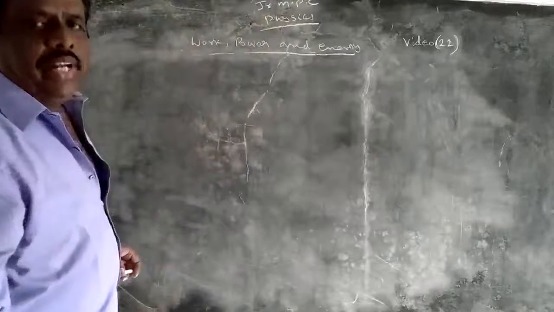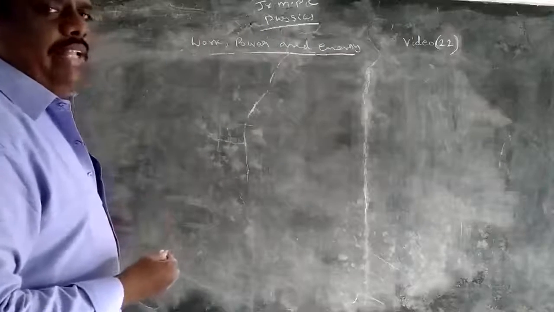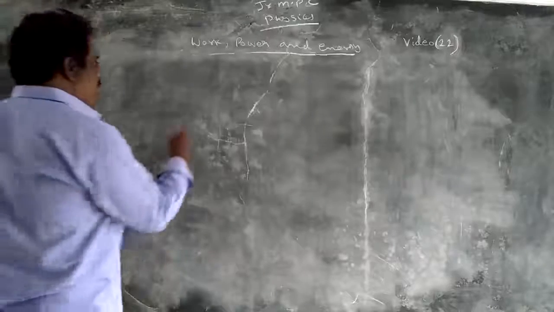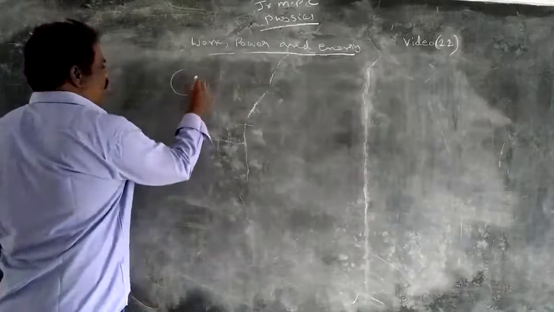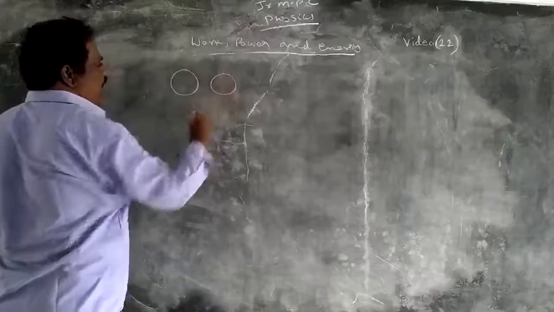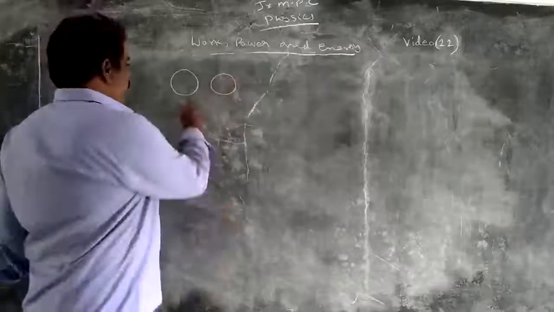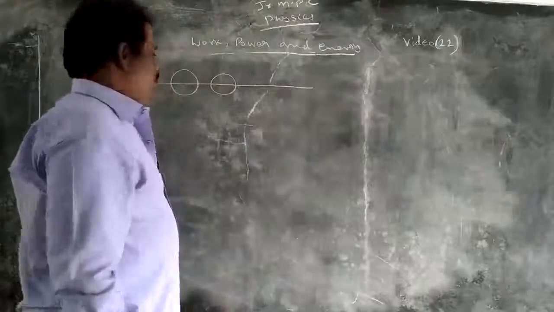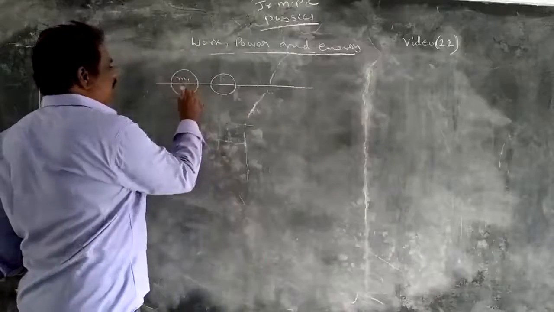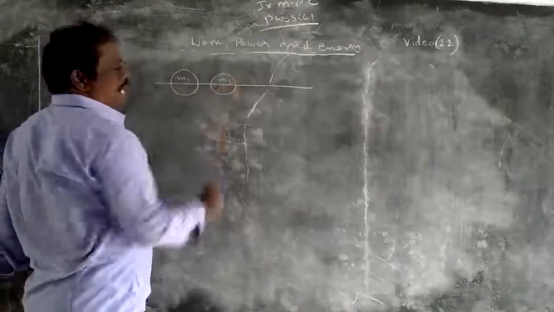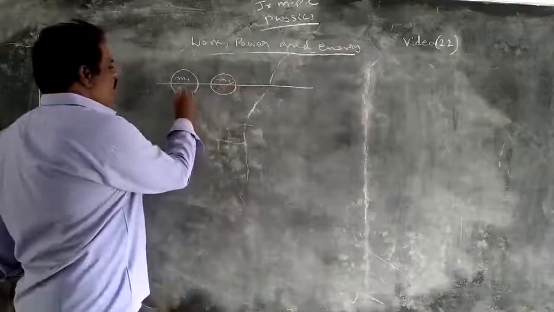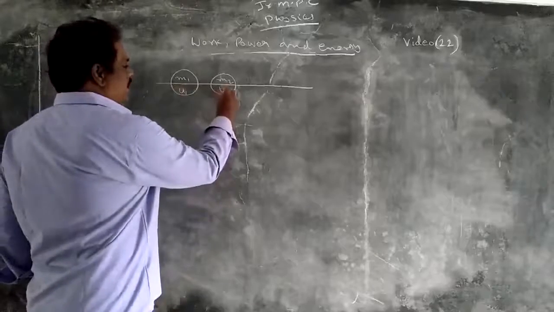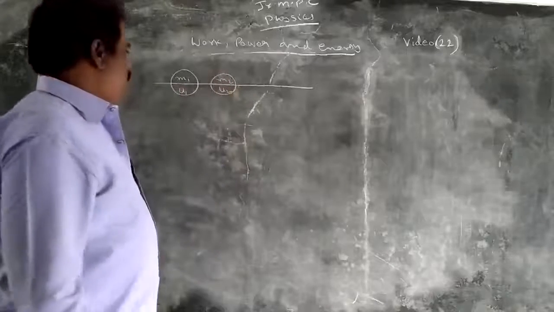Now the expression for finding the final velocities, the change in relative velocities before and after collision. Let us consider two marbles or spheres. The line joining their centers of mass will be the same. Before collision, the mass of the first sphere is m1 and of the second sphere is m2. Before collision, the initial velocity of the first sphere is u1 and of the second sphere is u2.